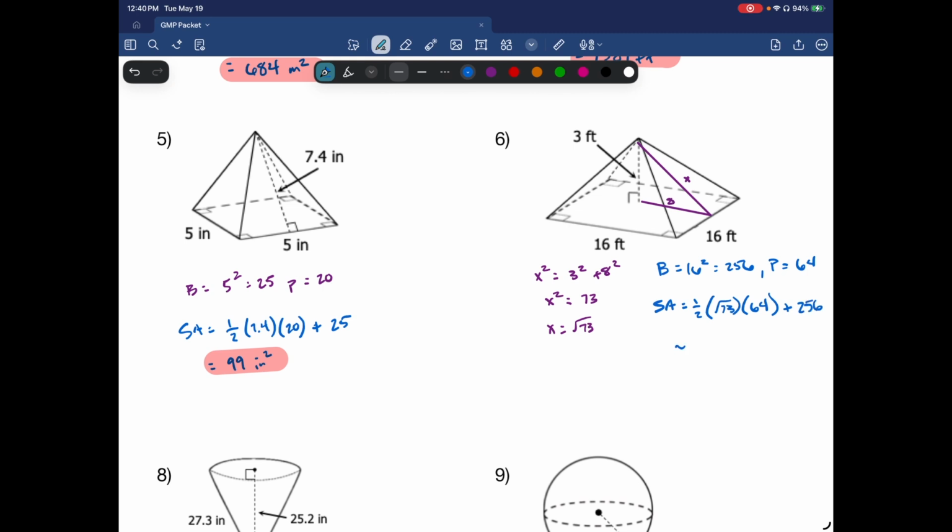And that's going to give me 528. It is approximating because of that radical, 528 feet squared.